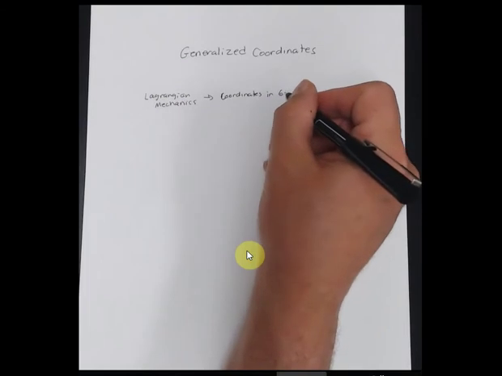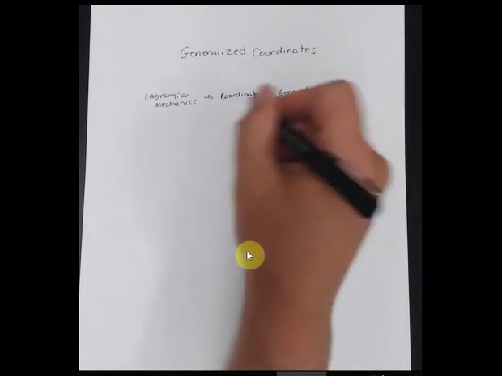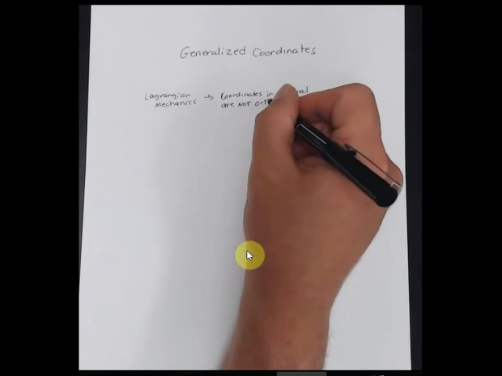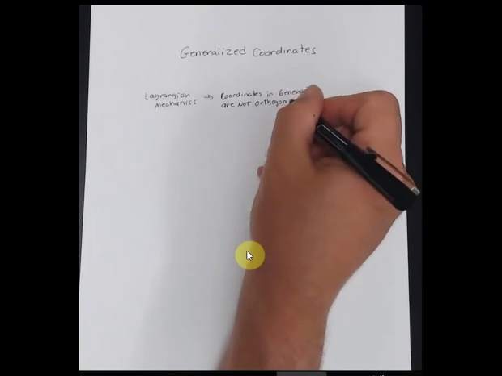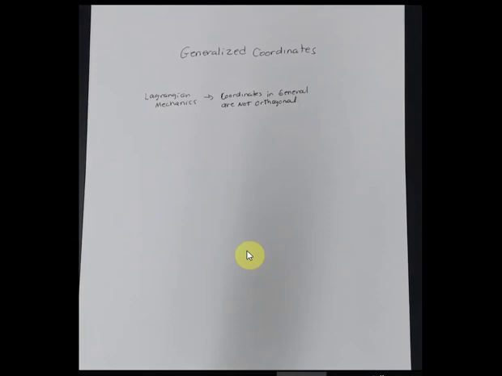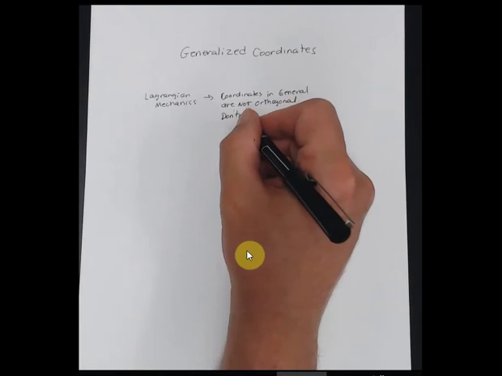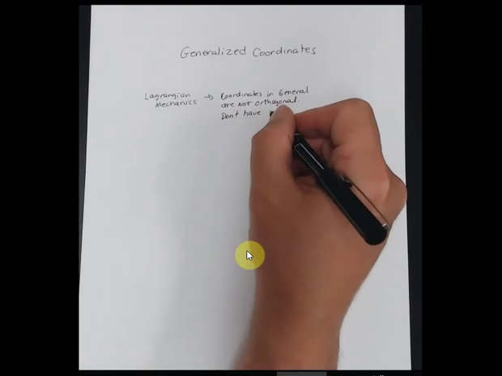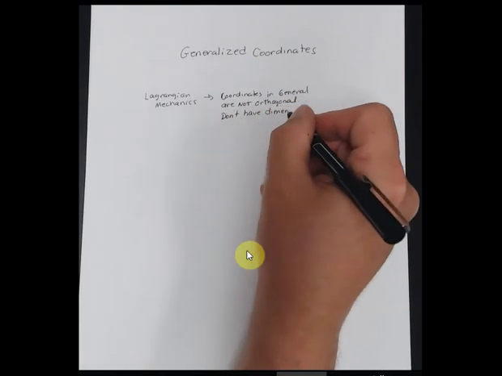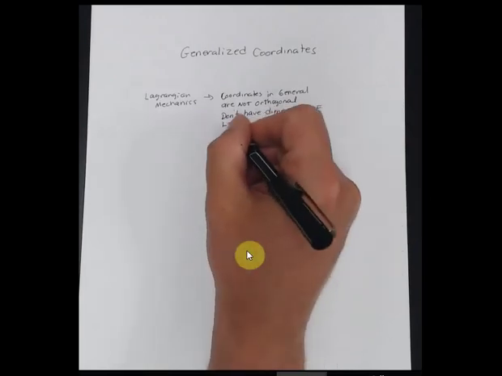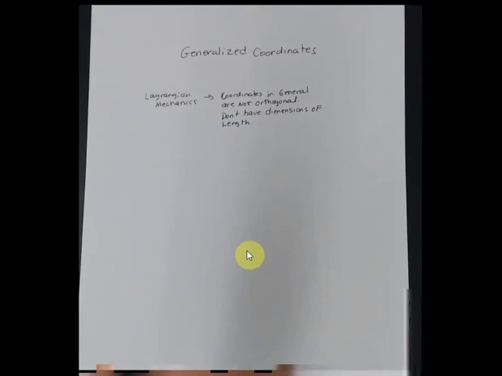Coordinates in general are not orthogonal, and in fact they don't have units of length or angles. They don't have dimensions of length.